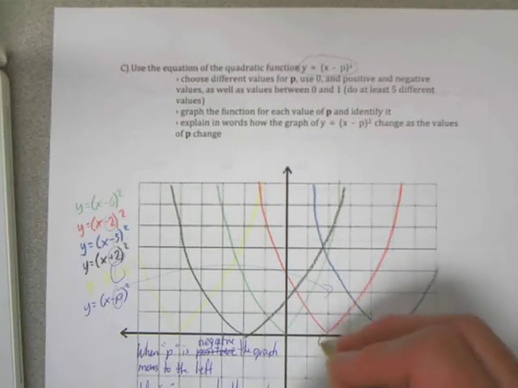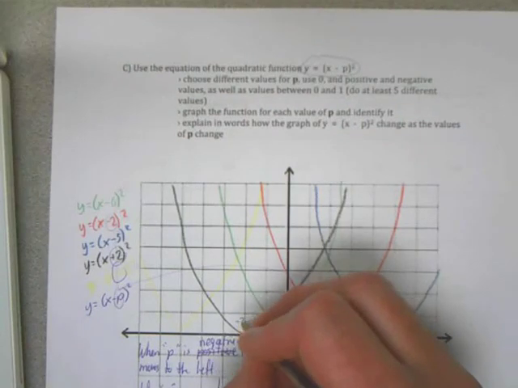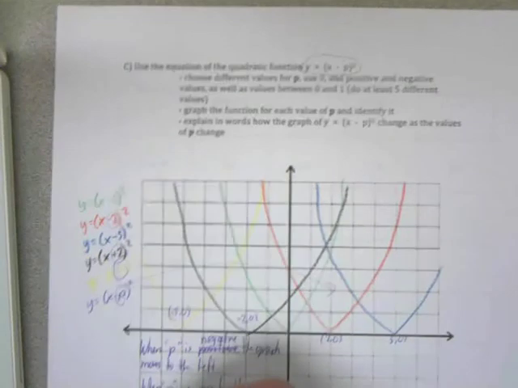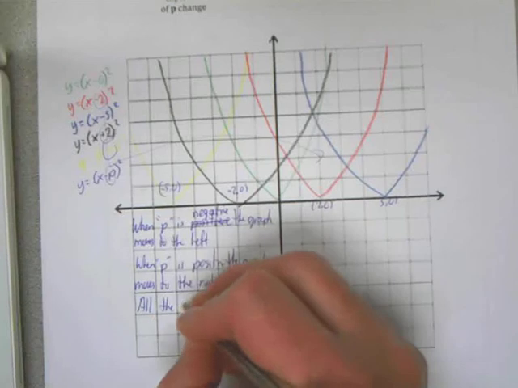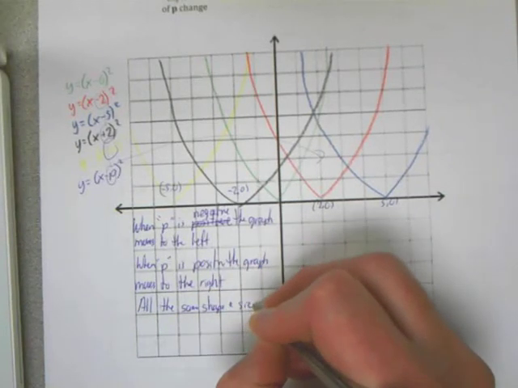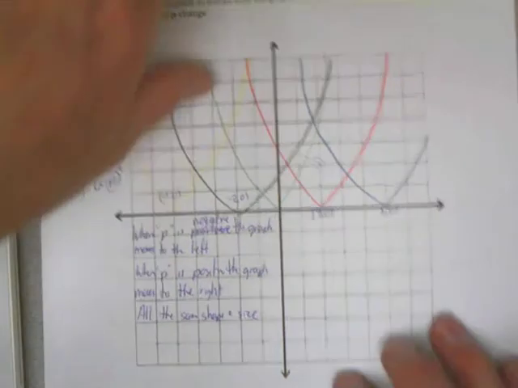Okay, so this is (2, 0), (5, 0), this is (-2, 0), and (-5, 0). And they all have the same shape and size.